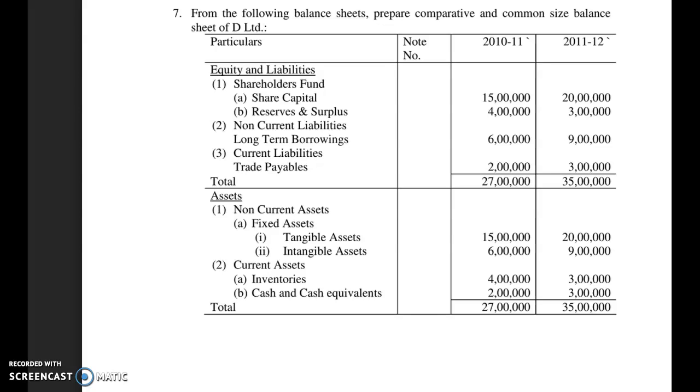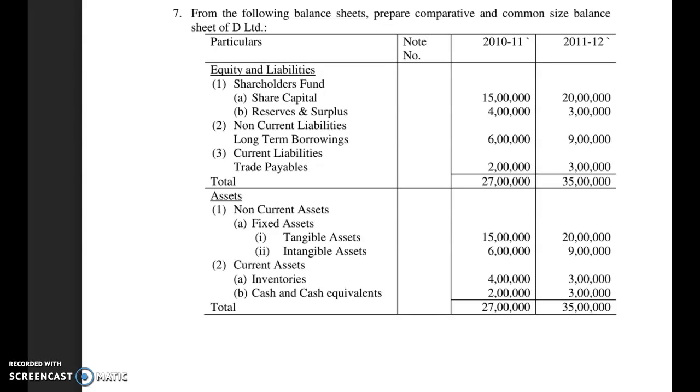In the last column, the fourth column, we will calculate the absolute change in terms of percentage. That means in the first we have the absolute increase or decrease in rupees, and in the last column we calculate the percentage change on the basis of the base year figure and the amount of change.